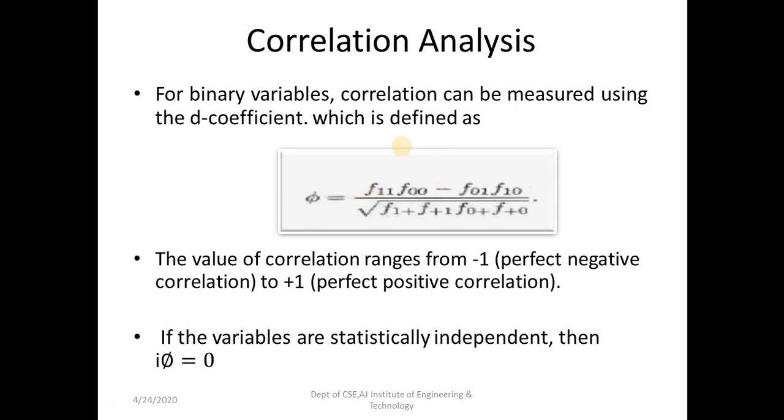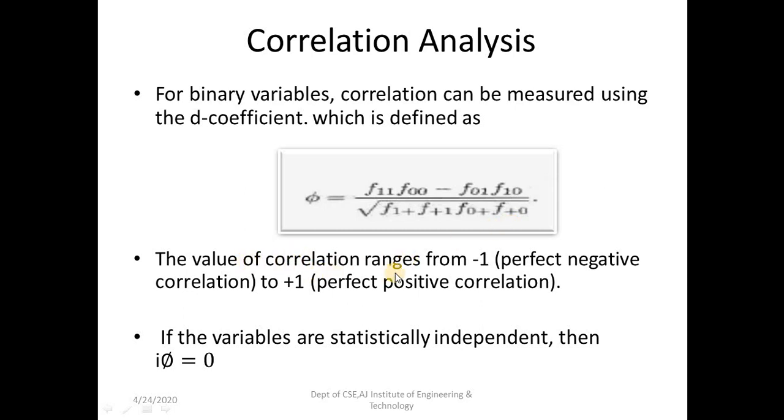It is given by f11 into f00 minus f01 into f10, divided by the square root of f1+ into f+1 into f0+ into f+0. So this is the formula to calculate the correlation analysis.